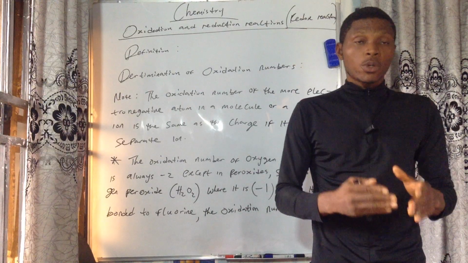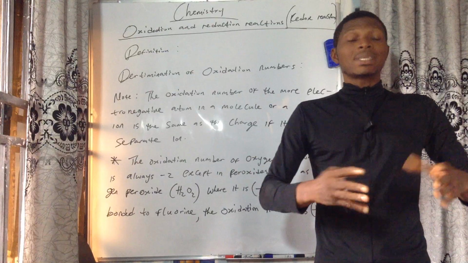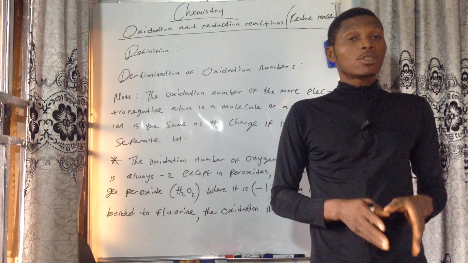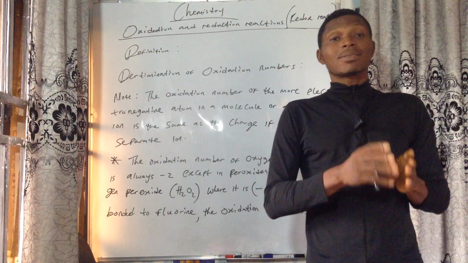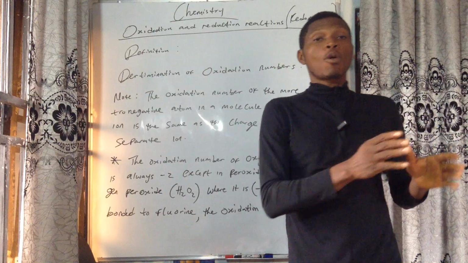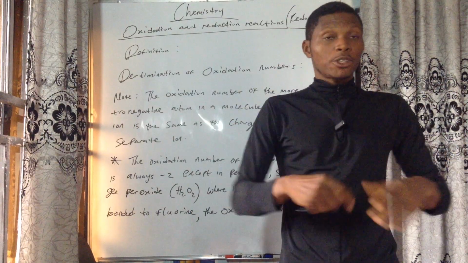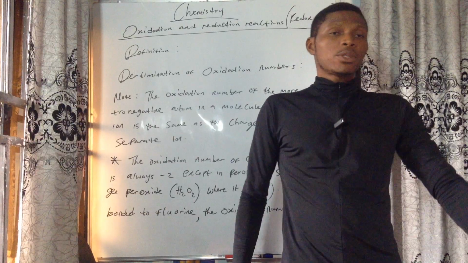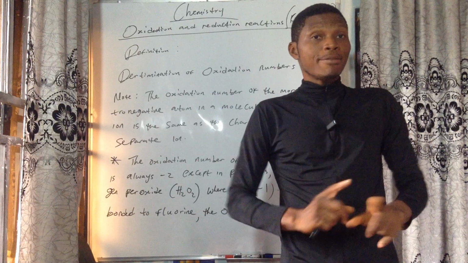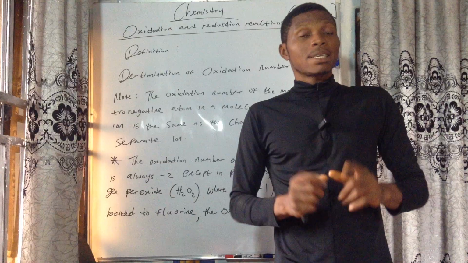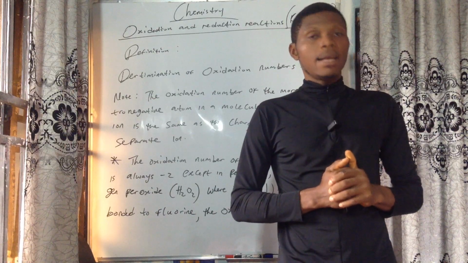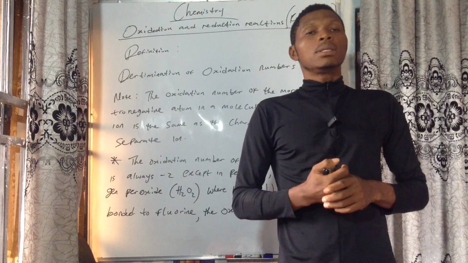Redox reactions involve electron transfer, that is, transfer of electrons from one substance to another in the reaction, while non-redox reactions do not involve electron transfer. Do you understand? So this is it.